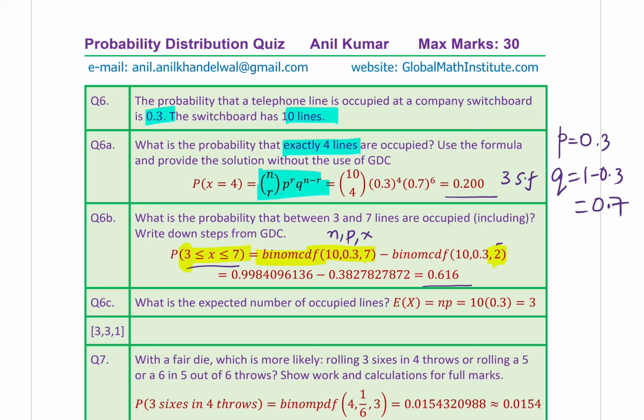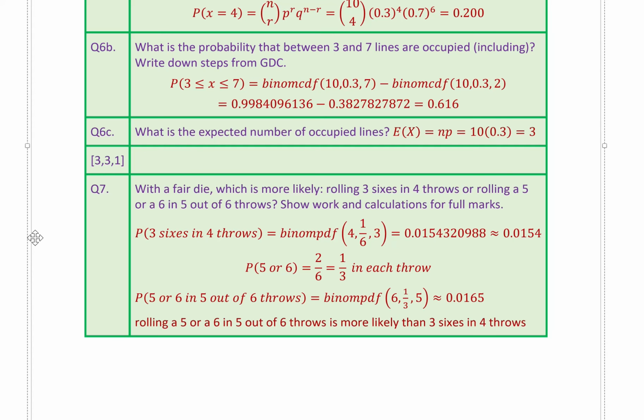Question number 7. So that's the last question for us, which is, with a fair die, which is more likely, rolling 3 6s in 4 throws, or rolling a 5 or a 6 in 5 out of 6 throws? Show work and calculations for full marks. So that's very critical. So we have two things.